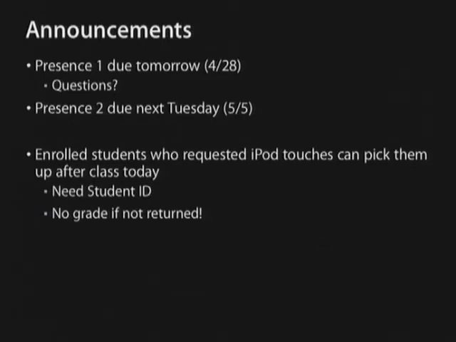One hint is you could use a property on UIView called tag. Tag is basically an integer, and it just lets you identify each of the buttons. So consider using that. If you still haven't done Presence 1, consider setting that tag property on each of your buttons and then figuring out how to look at that when you get your action.